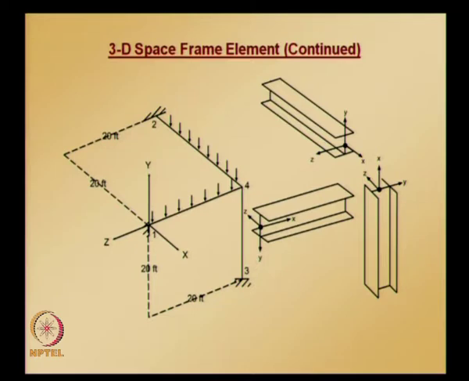And please note that in this 3D space frame problem, for each element the equation size is going to be 12 by 12, and here we have 3 members. So, at each node you have total 6 degrees of freedom. So, total 4 nodes are there.